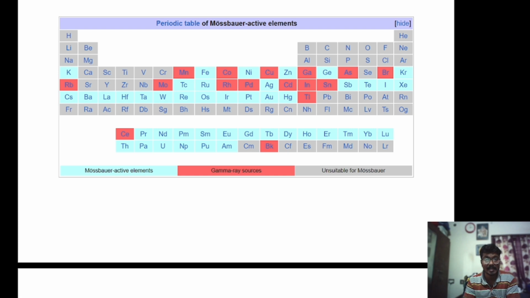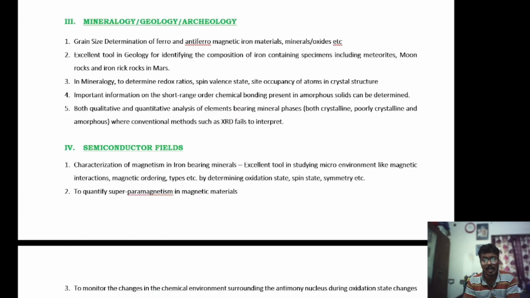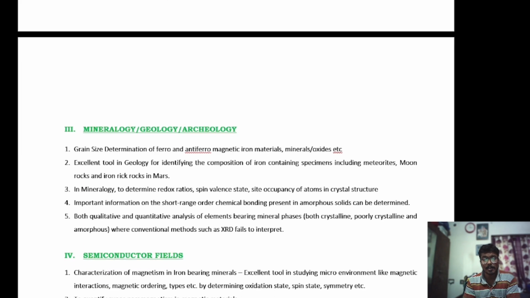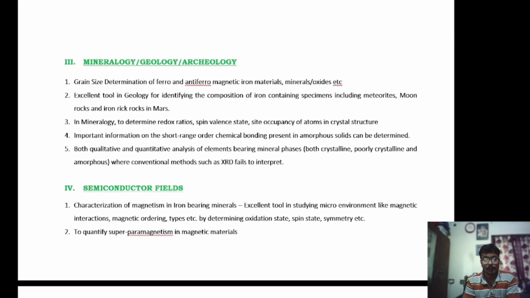Those are semi-metals widely used in the semiconducting field. So MÖSSBAUER spectroscopy is used for the characterization of magnetism in iron-bearing minerals. It is an excellent tool in studying microenvironment like magnetic interaction, magnetic ordering, types, etc. by determining the oxidation state, spin state, symmetry, etc. for surface related matters.